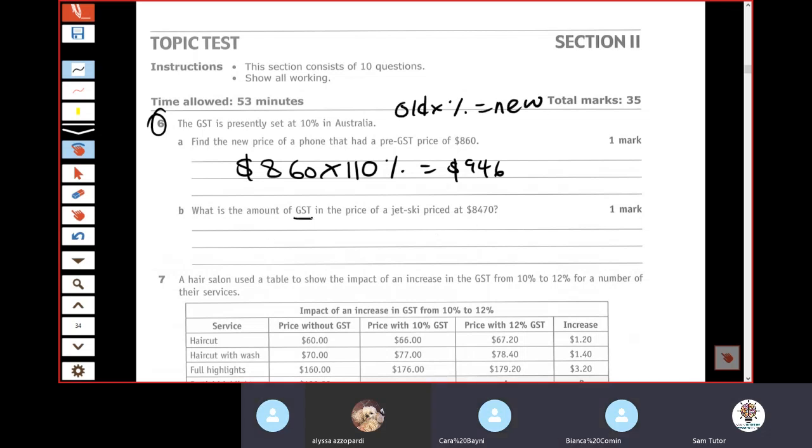What is the amount of GST in the price of a jet ski priced at 8470? A lot of people think, oh, you can just divide it by 10% because you want to find the old price, but it doesn't work like that. You have to remember your old price would have been multiplied by 110% to give you this new price. So if you want to work out what your old price is first, you've got to divide it by 110%.